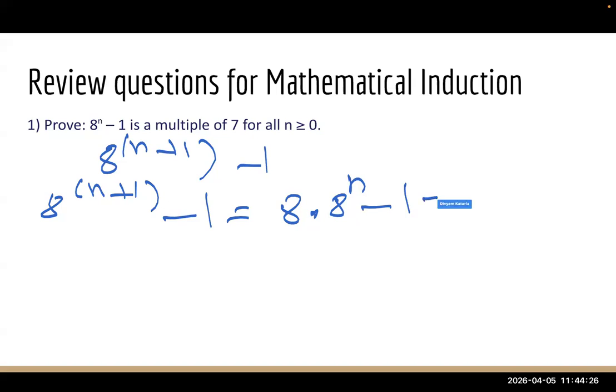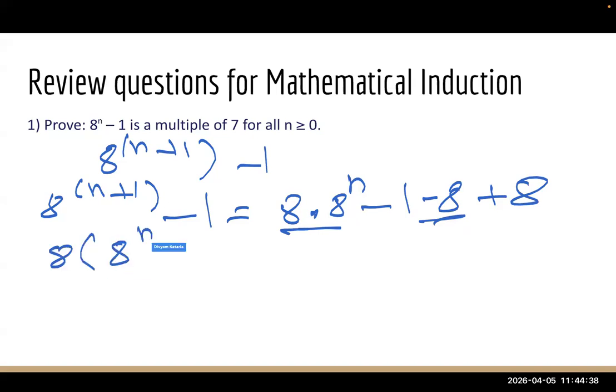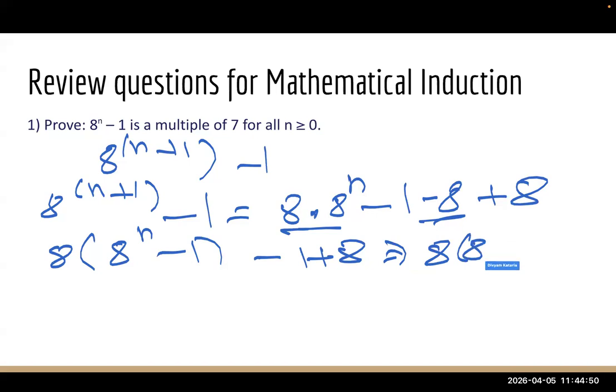So we'll subtract 8 and then we'll also add it over here. Now, let's factorize this and this. So factor out the 8: 8 times (8 to the power n minus 1), minus 1 plus 8. It becomes 8 times (8 to the power n minus 1) plus 7.